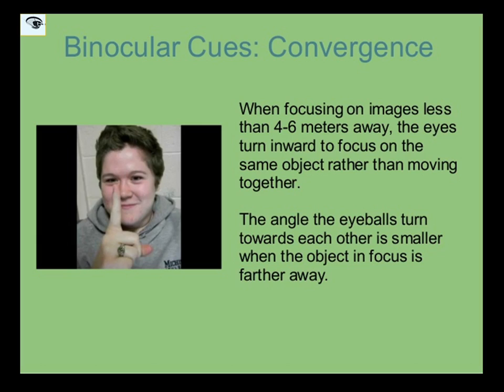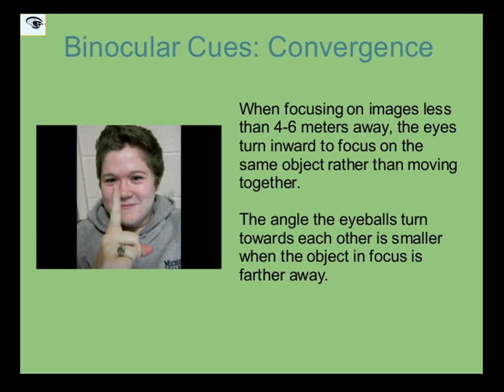Now, the degree of convergence is going to decrease as the object begins to move further away from the observer. We can try an experiment for this, which is very clearly visible on the screen, given even on the slide. We can see the boy trying to focus on his own finger.